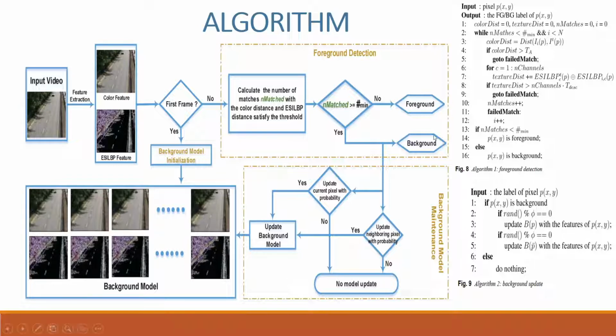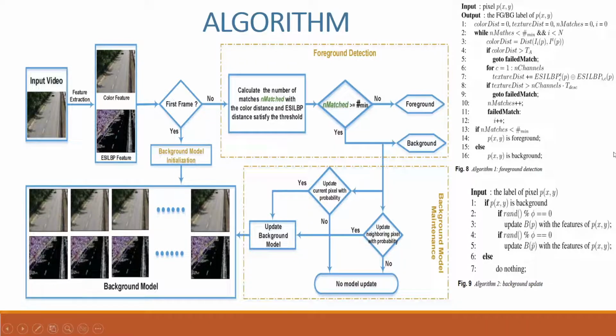Based on these comparisons, we compare our pixel with all the data vectors in our background model and come to a conclusion whether it is a foreground or a background pixel. If the color distance is less than a threshold and the texture distance is also less than a threshold, then we increment a variable called the number of matches between the pixel of the given frame and the vectors in the background model.